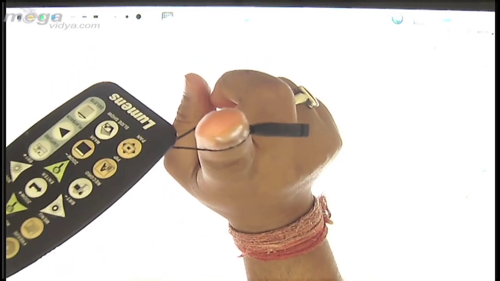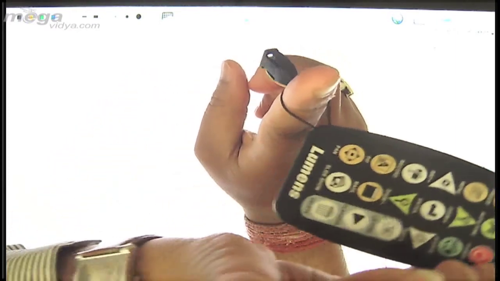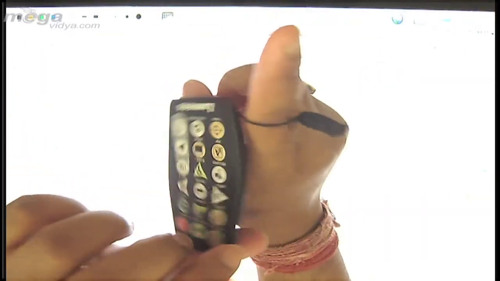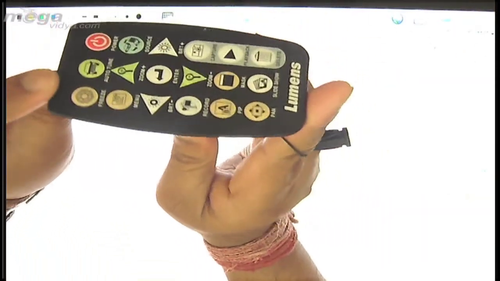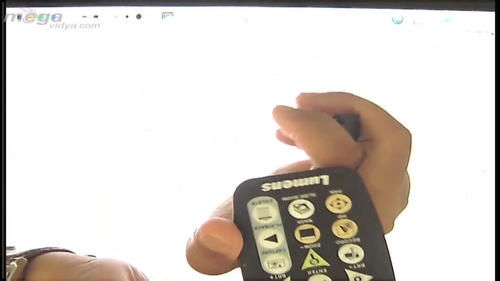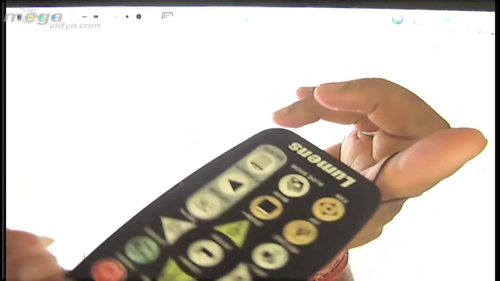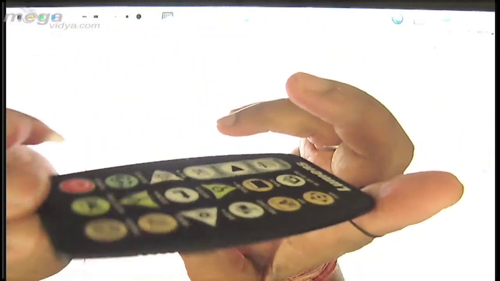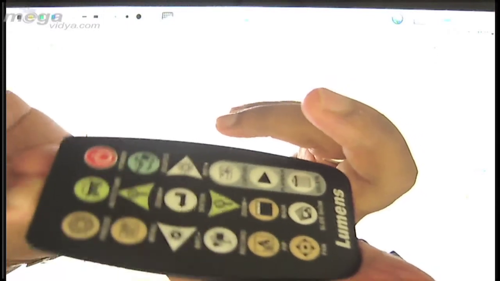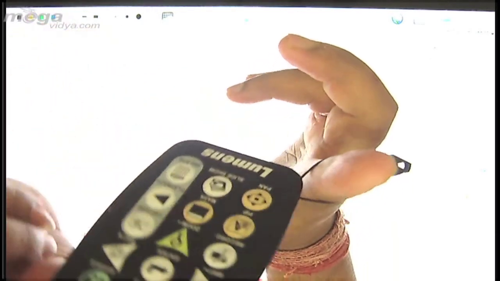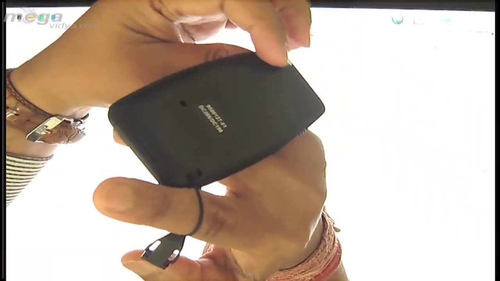If you rotate it just like this way, then the tip of this rotating remote makes a path. The path traced by the last point of this remote is called a circle.